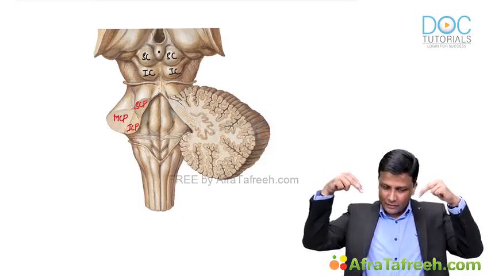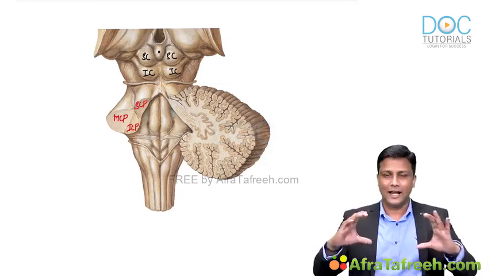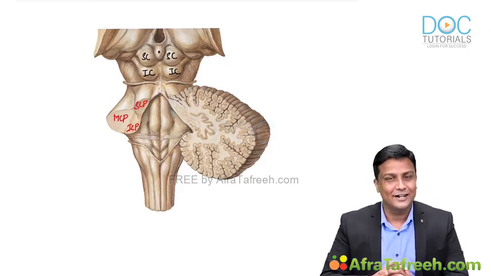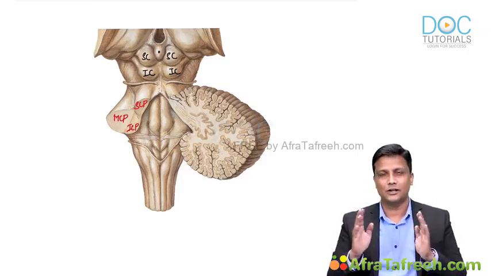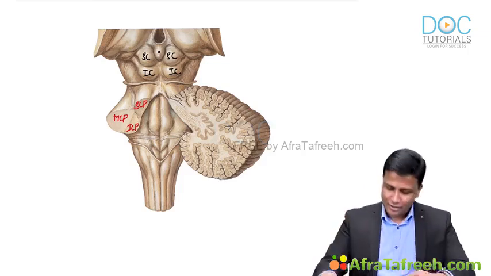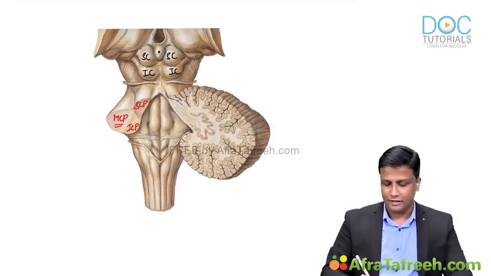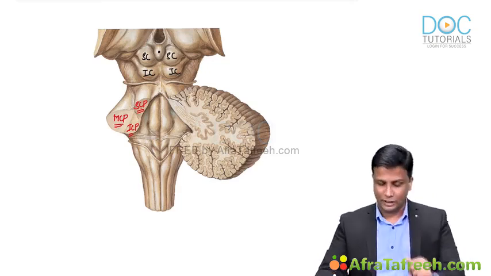The superior cerebellar peduncle is coming down, the inferior cerebellar peduncle will be coming up, and all three of them together enter into the cerebellum. In that process, the middle cerebellar peduncle will be pushed a little bit more lateral. So whatever you find more lateral will be the middle cerebellar peduncle, coming from above will be the superior, and coming from below will be the inferior cerebellar peduncle. That is one thing to appreciate there.